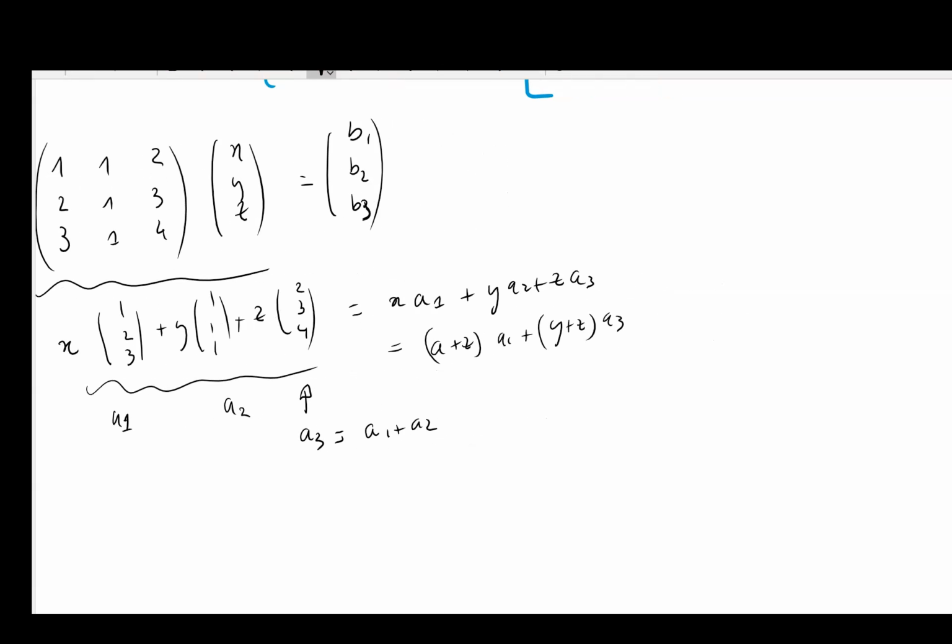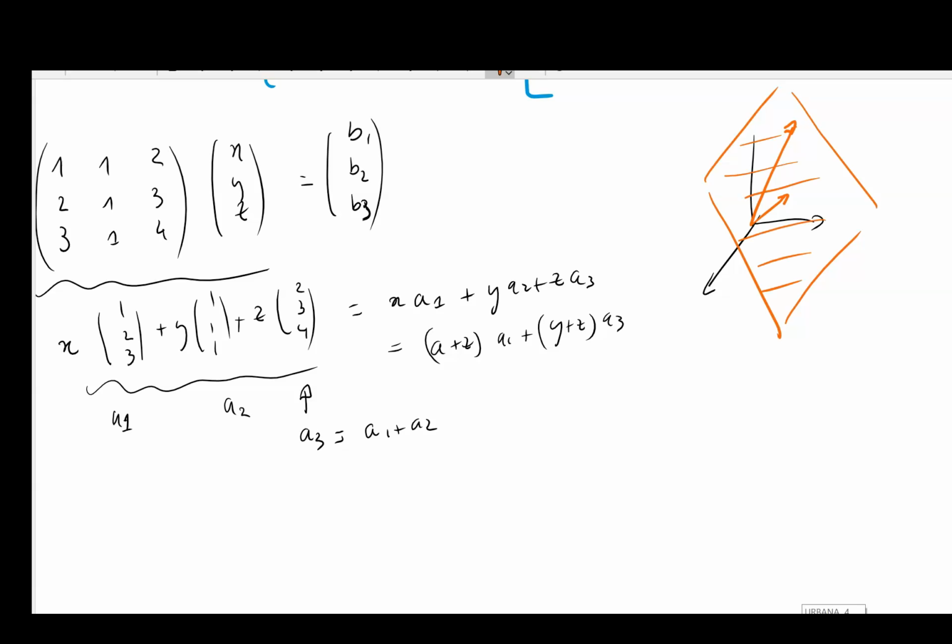So what are these? In R^3, I have no idea how to represent that correctly, but let's say this is the (1, 1, 1) vector, a2, and the (1, 2, 3) vector would be somewhere around here. All the linear combinations of those two vectors give a plane with those two direction vectors.